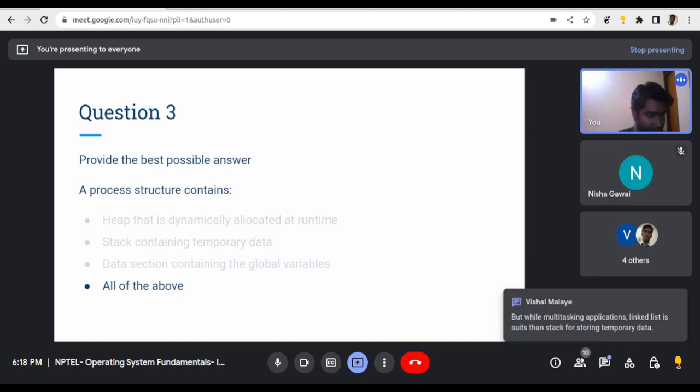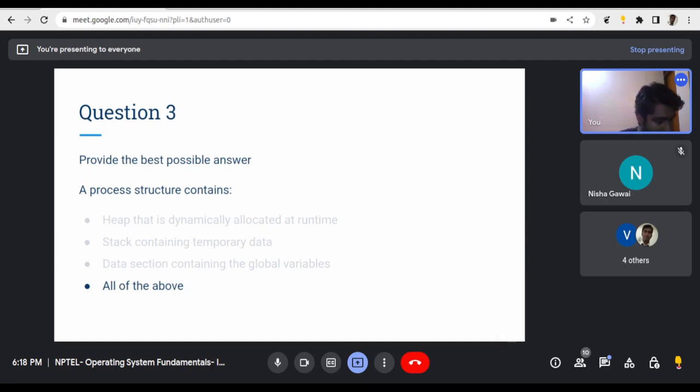But while multitasking applications, linked list is suited, then stack for storing temporary data. Okay.